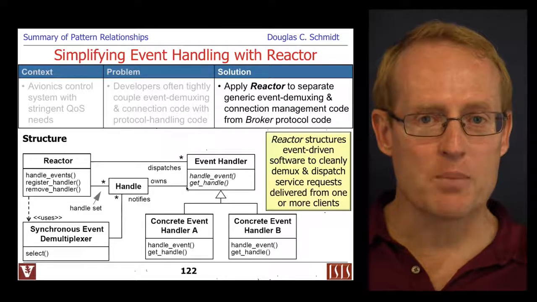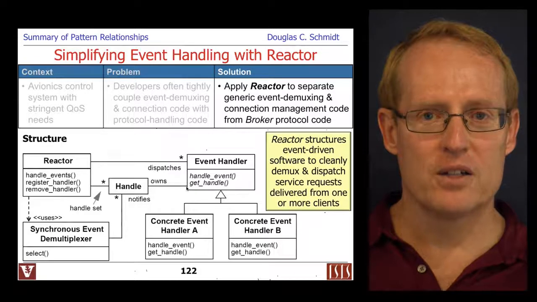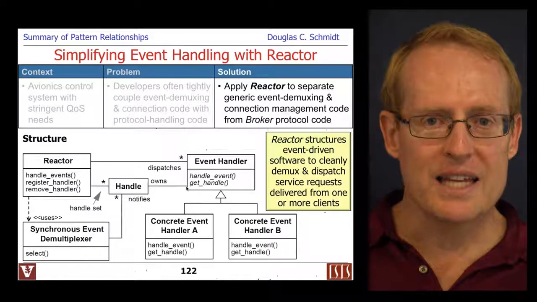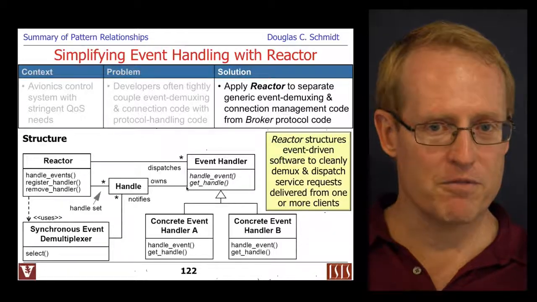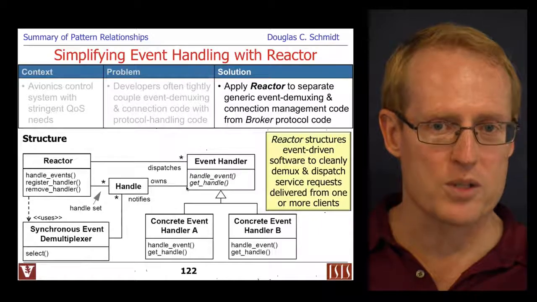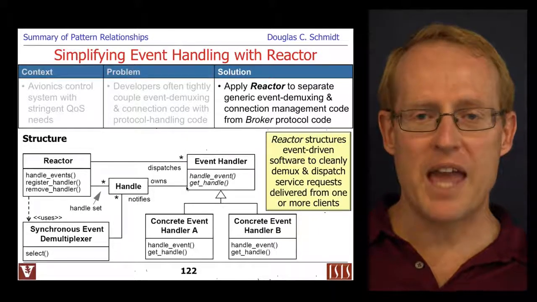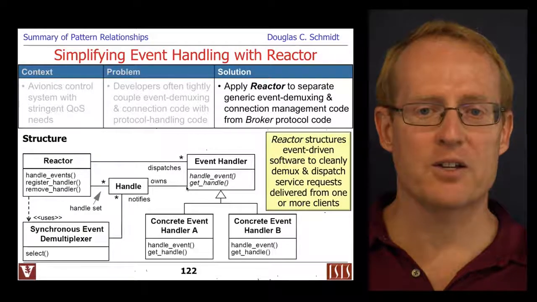The Reactor pattern is a POSA 2 pattern that's used to structure event-driven software so it cleanly separates the demultiplexing and dispatching code coming from a multiplicity of clients and event sources from the behavior and processing that's done once the events have been demultiplexed and dispatched.